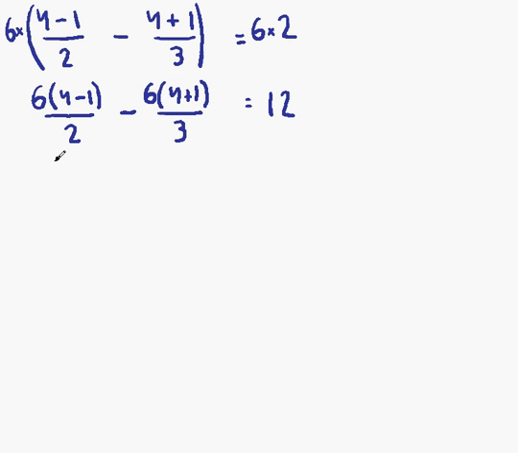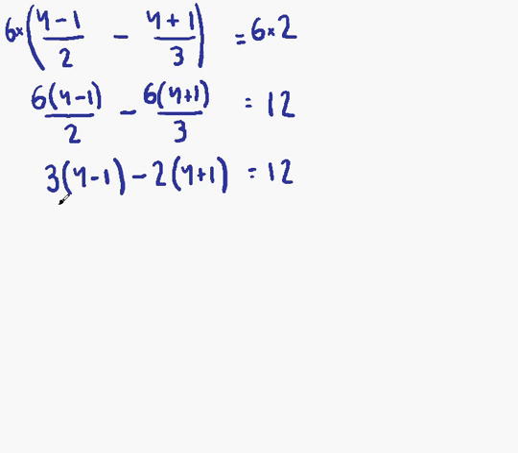At this point we can simplify and our fractions will disappear. 6 divided by 2 is 3, so we have 3 brackets y minus 1, and then 6 divided by 3 is 2, and then brackets y plus 1. And we still have our 12 on the right hand side. In order to solve the equation, the next thing we have to do is remove the brackets.